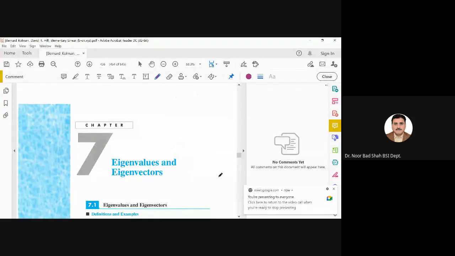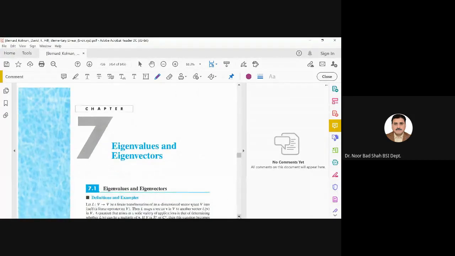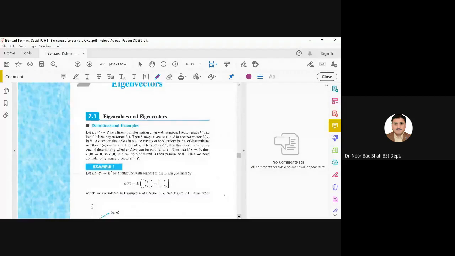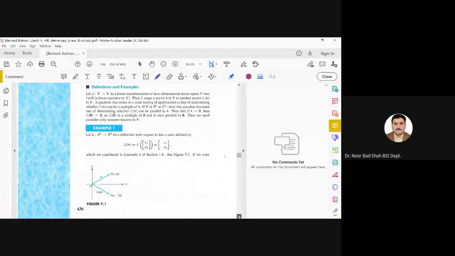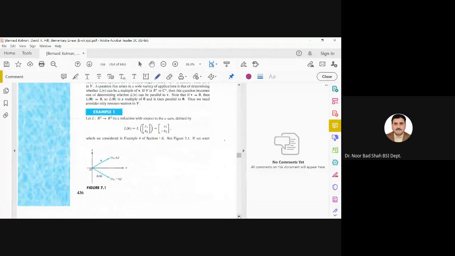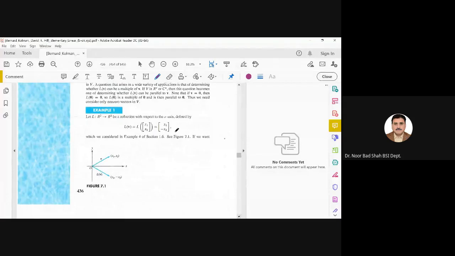Okay, then okay. Right, so we talk about eigenvalues and eigenvectors. If you remember, we have discussed a bit earlier and in the last lecture, there were some dilation and contraction.